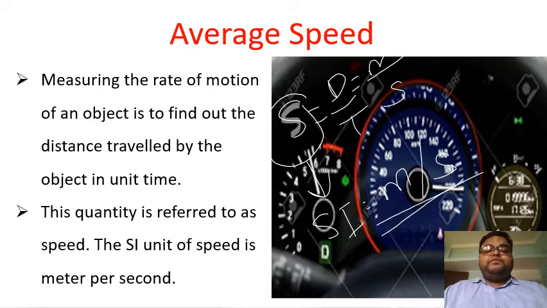So whenever we are trying to find the rate of motion of an object, we divide distance by the time taken. So this quantity is referred to as the speed, and this speed has an SI unit, which is meter per second. Okay, students, understood this point? Right. So now let's proceed ahead.